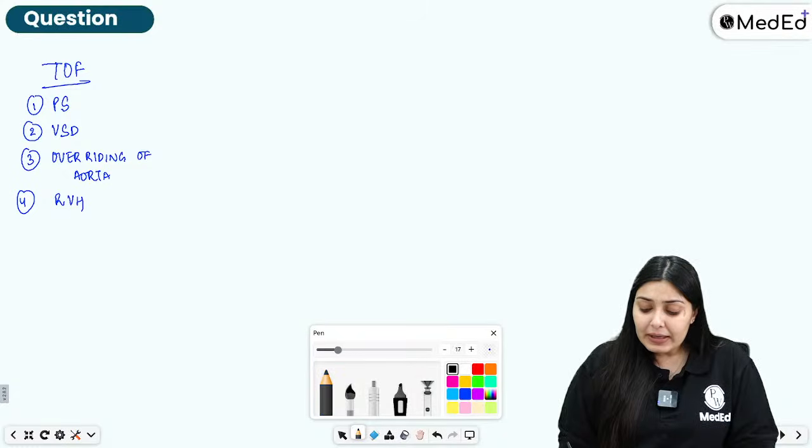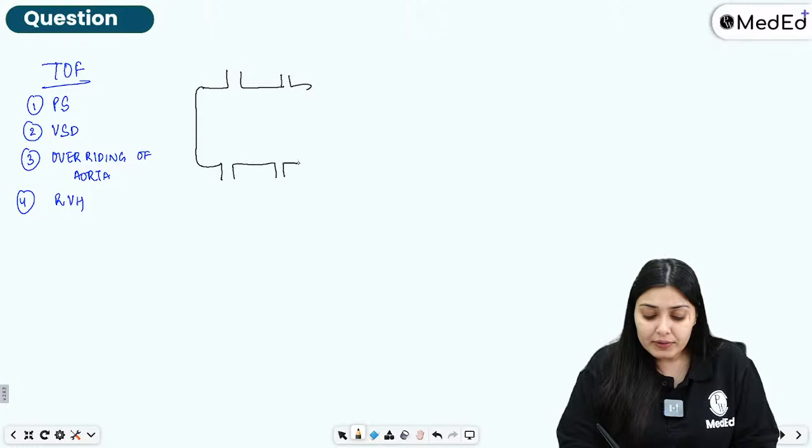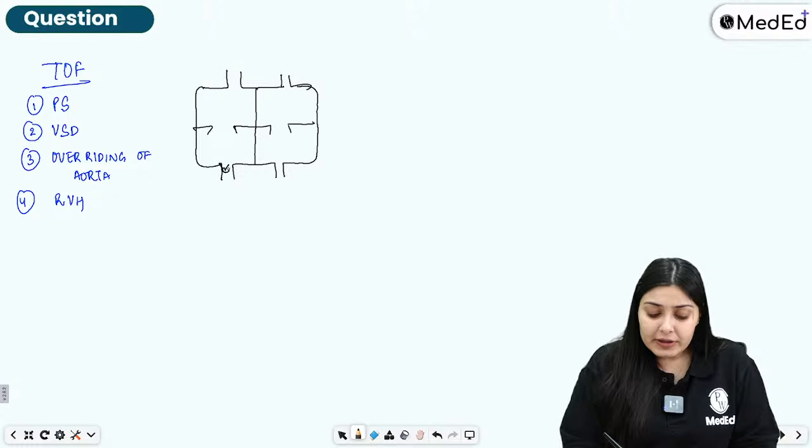So if I make a line diagram over here, this is my heart with the 4 chambers. This is the right side, this is the left side.